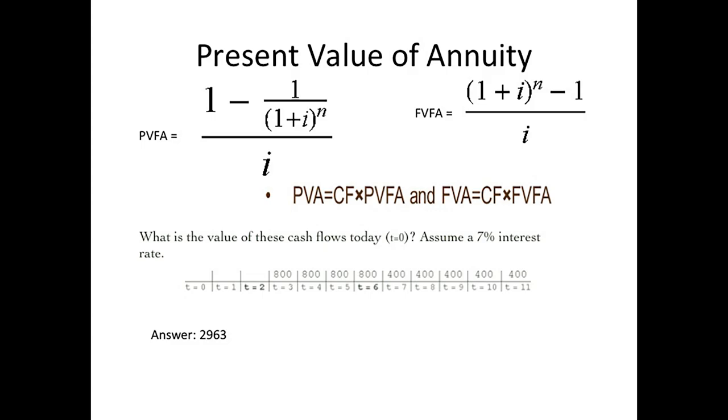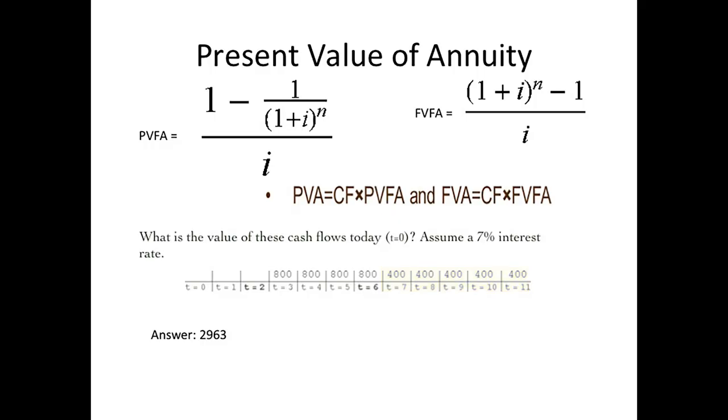There is a 4-payment annuity of $800 occurring at each of times 3, 4, 5, and 6. And then there is a $400 annuity stream consisting of 5 payments of $400 occurring at each of times 7, 8, 9, 10, and 11.